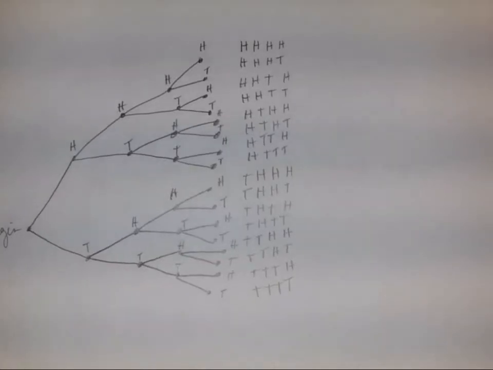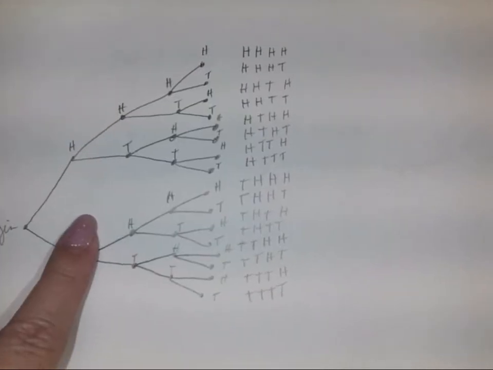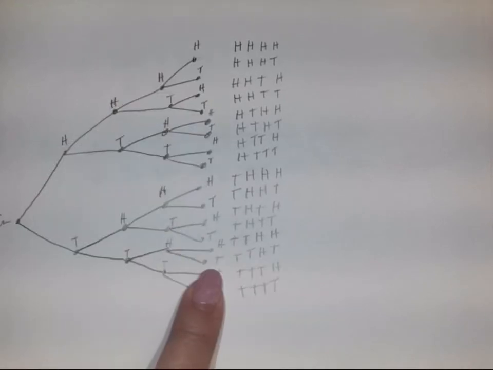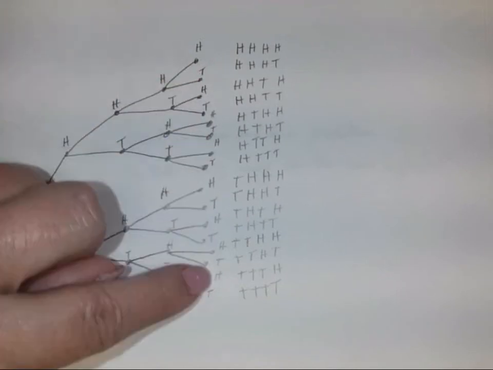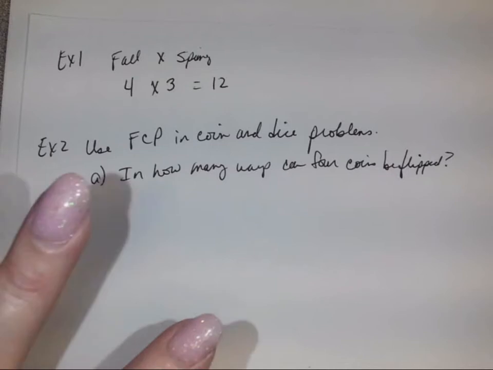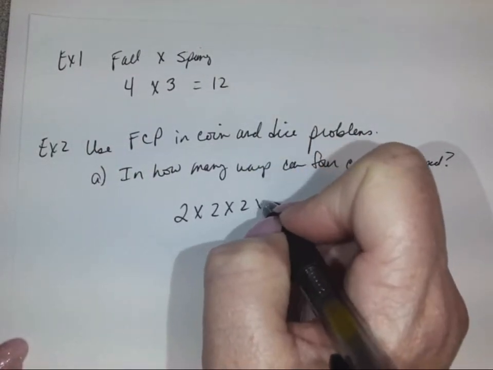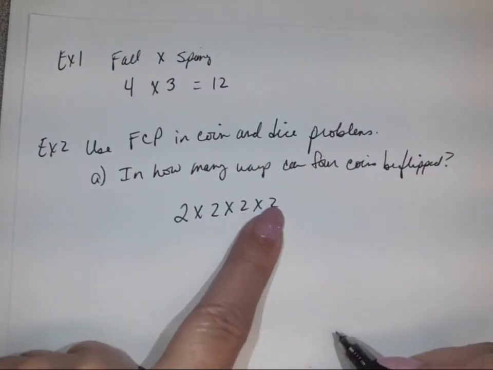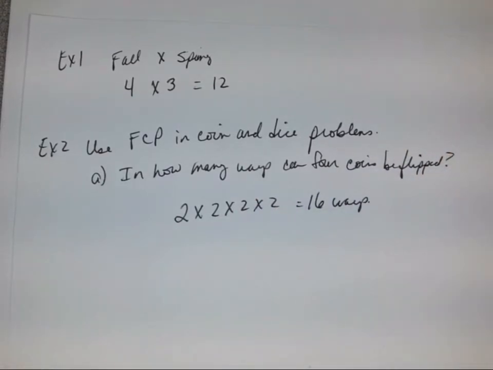So we did it the long way. We wrote it all out. We only did 3, but if we did this problem with 4 coins, we could write out all of our solutions, or we could count the ends to see how many ways there are. But actually what we can do is there are 2 sides to each coin, and we're doing it 4 times. So we can just do 2 times 2 is 4, times 2 is 8, times 2 will get us 16 ways.